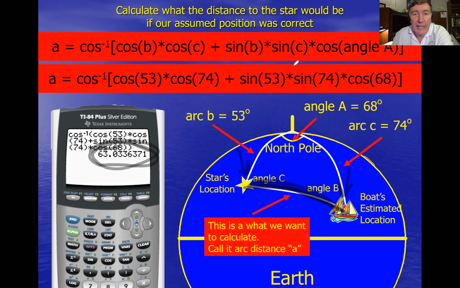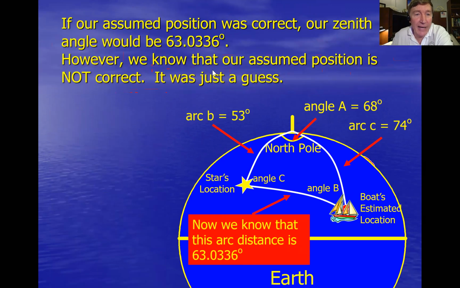So what we need to do next is find out the real true distance, and we need to go to the sextant to get that.